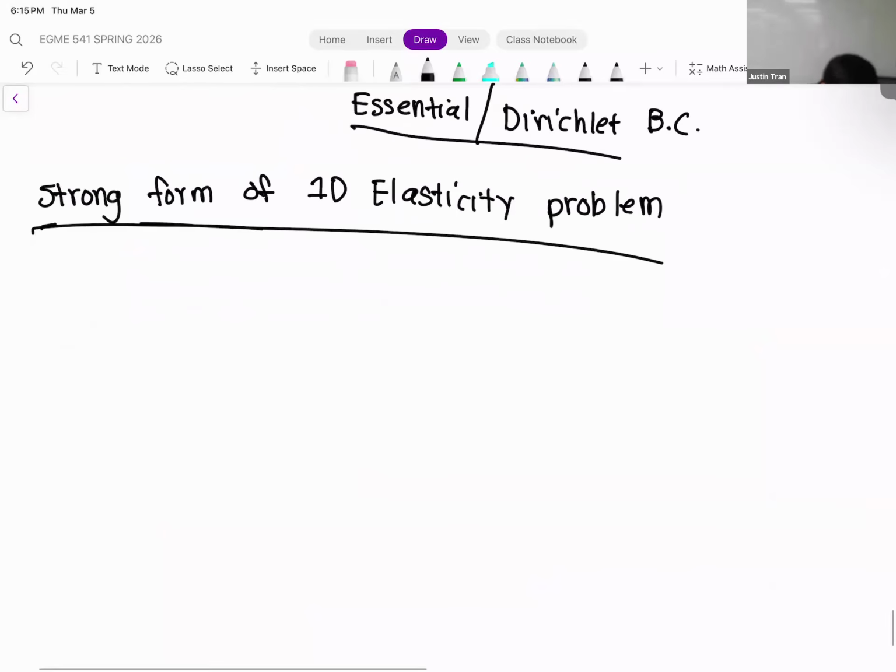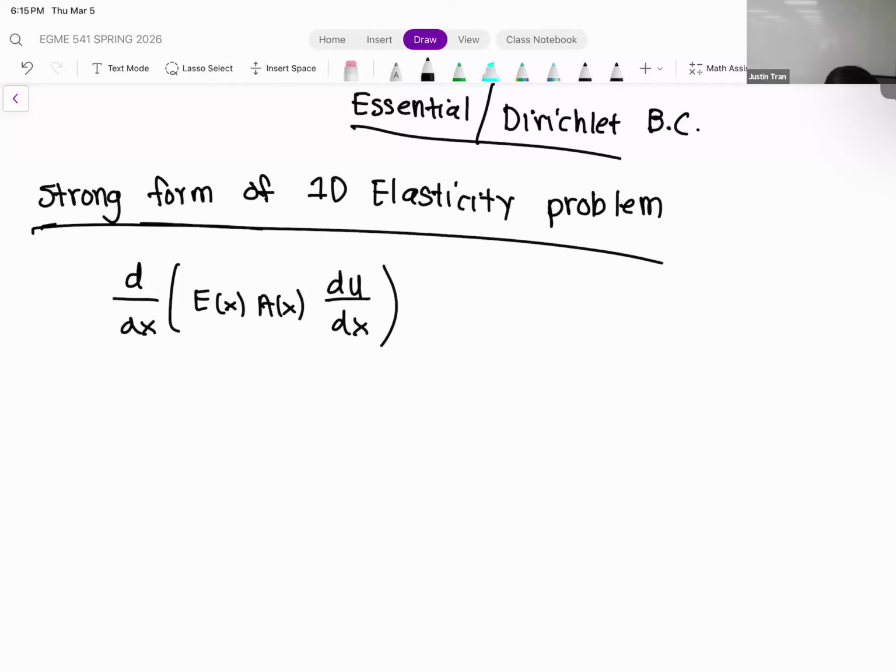First, you're always going to see the governing differential equation presented first. So we have d/dx of E(x) A(x) du/dx plus b(x) is equal to 0. Every statement of a boundary value problem starts with that.